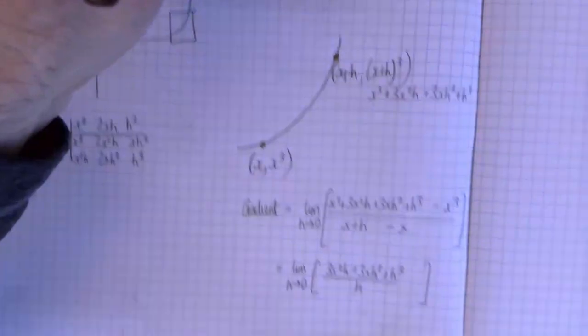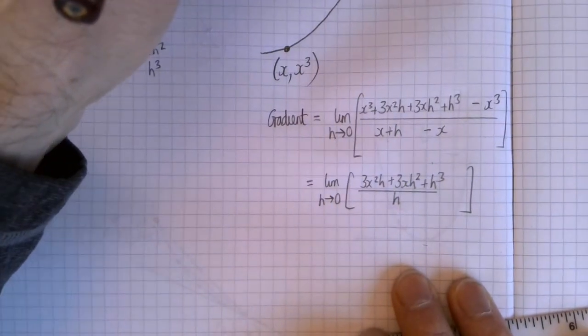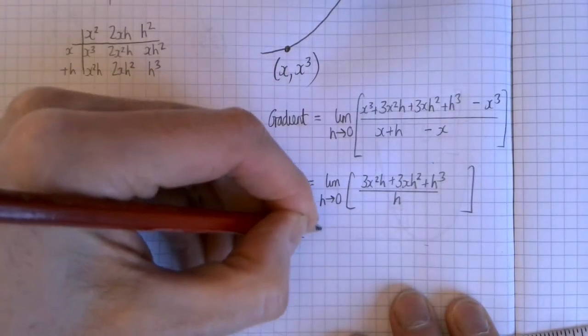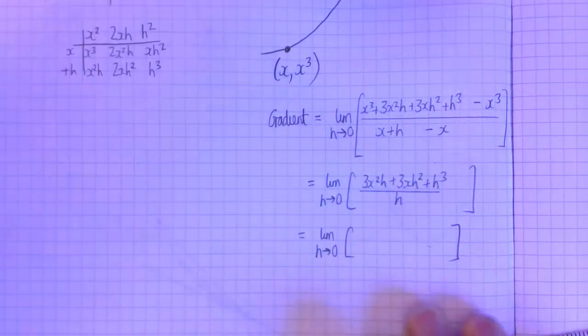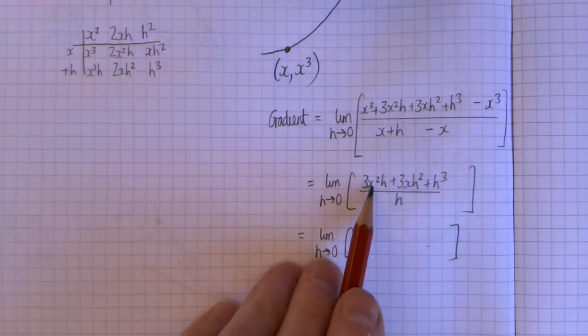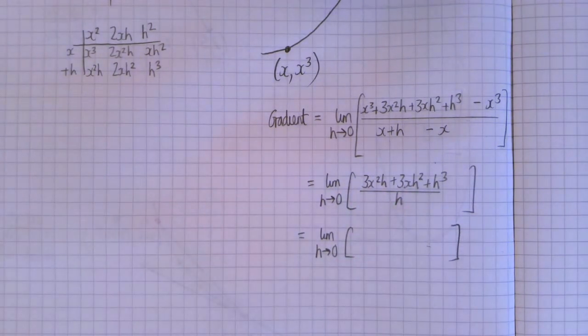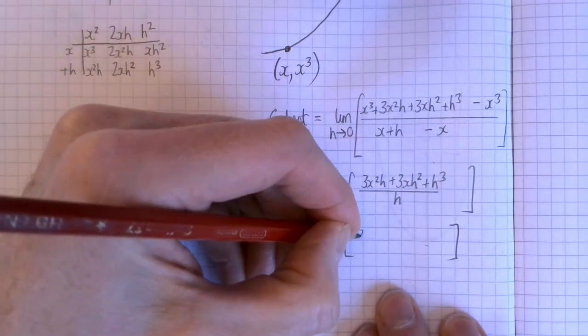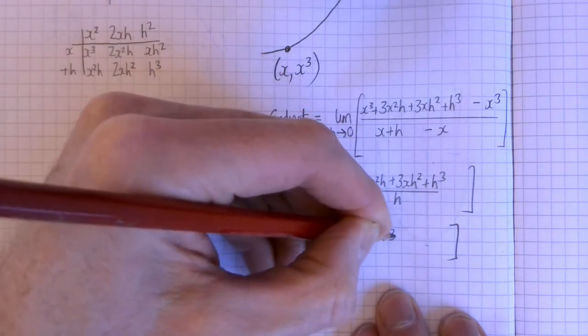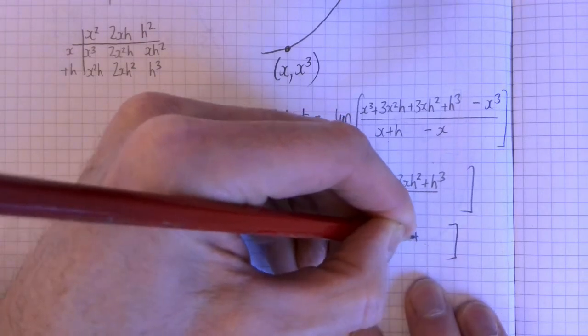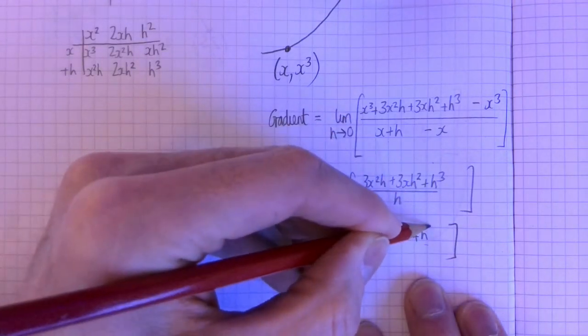Yet again, I can divide everything by h. I can only do this because every term, there's 4 terms, aren't there? 1, 2, 3, 4. Every term's got an h in it. So that just becomes 3x squared, that becomes 3xh, and that becomes h squared.